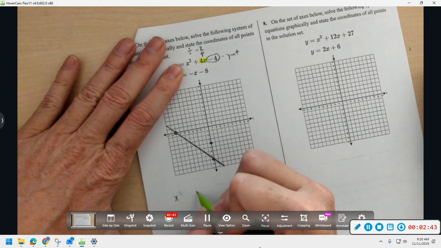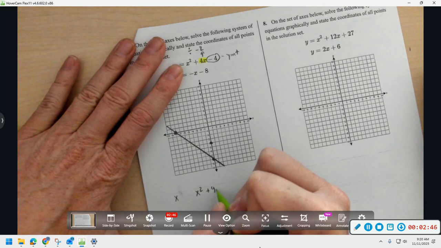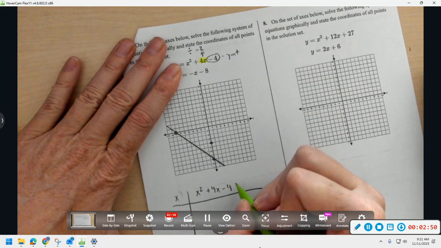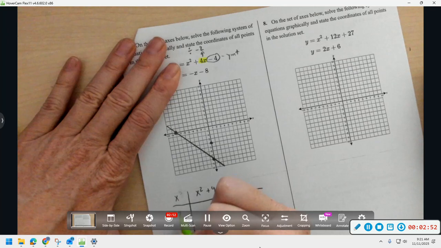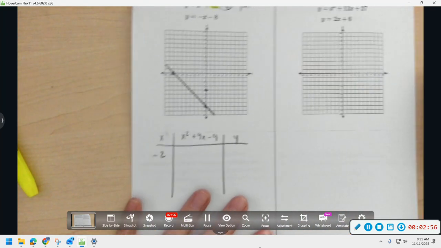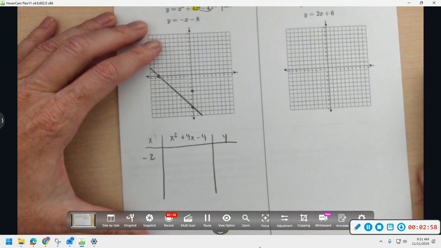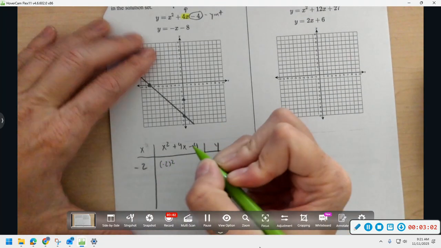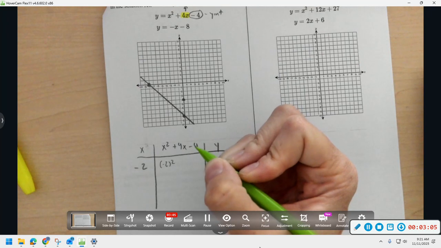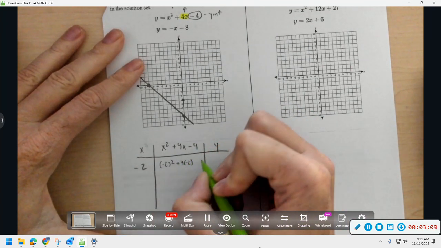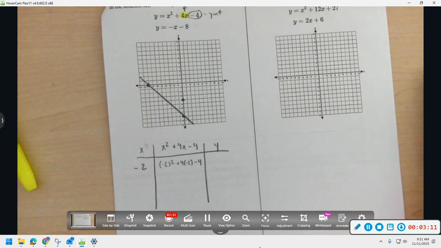So I've got x squared plus 4x minus 4, and then we'll get a y out. So first x is going to be negative 2. So I've got negative 2 squared plus 4 times negative 2 minus 4.